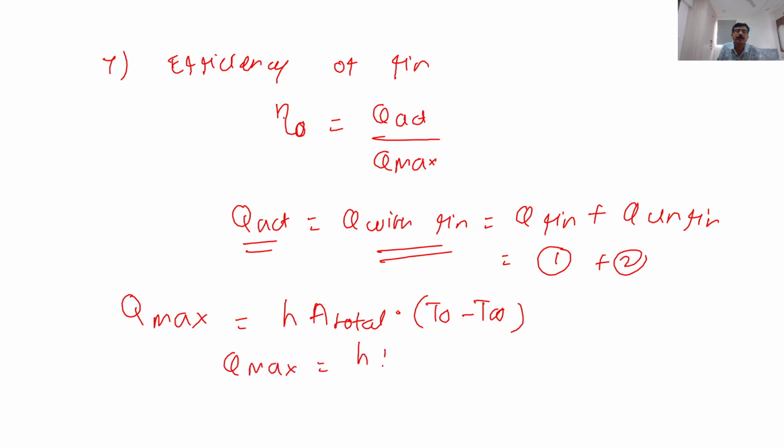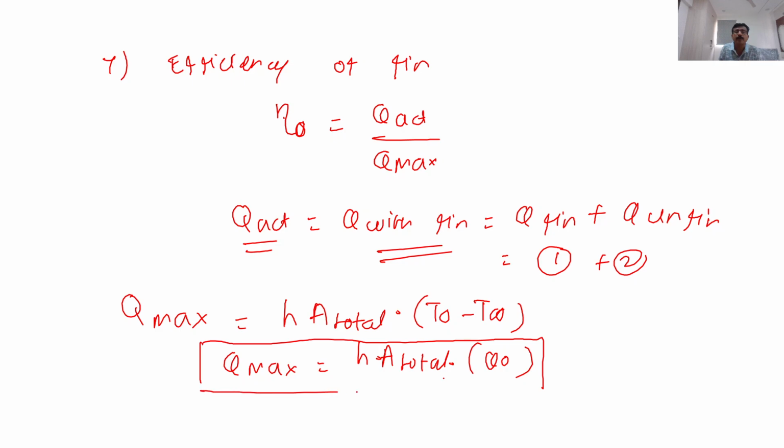So what is Q max finally? Q max is H A total, for which we have already discussed the formula of A total, and this is theta 0. So H A total theta 0 becomes the formula for Q max. Let's say this is equation number 4.